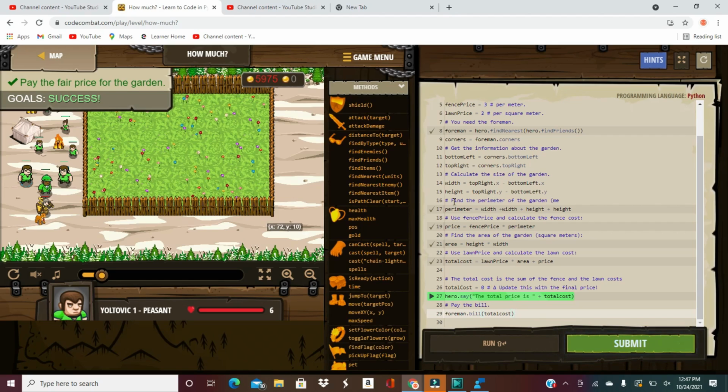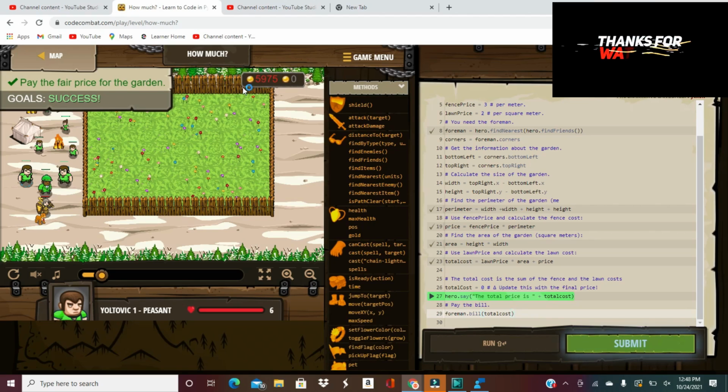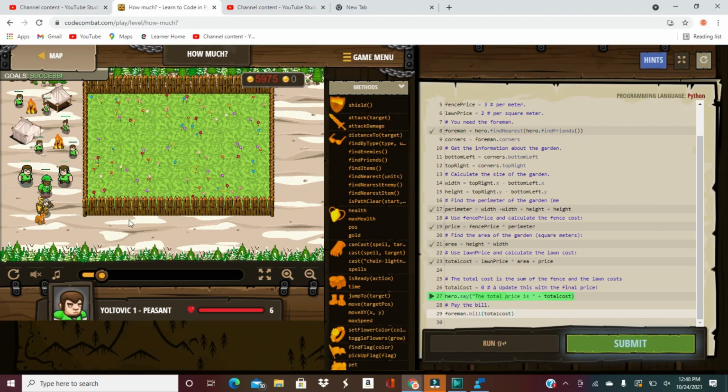Then we check the y of the top right, then the x, we take the y of the top right, and then we take the y of the bottom left. So if we take both y's, then we have this in the middle, so which leaves us with the width.